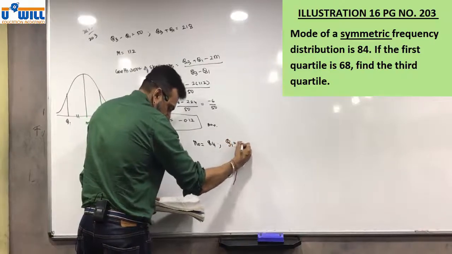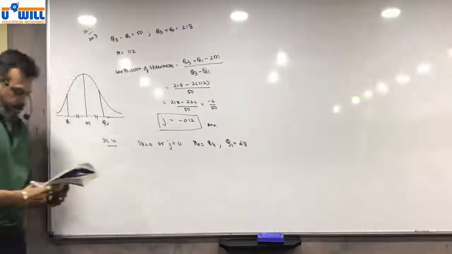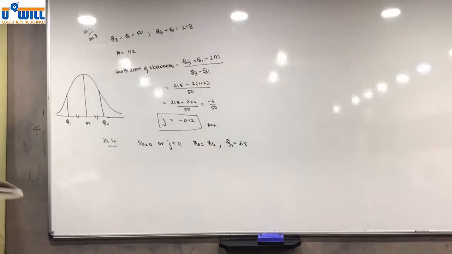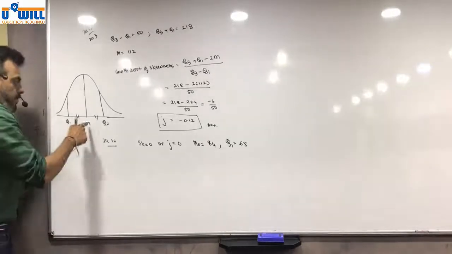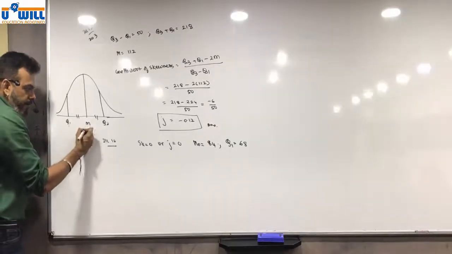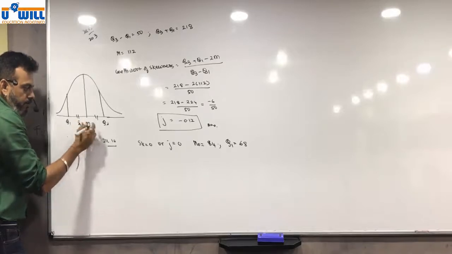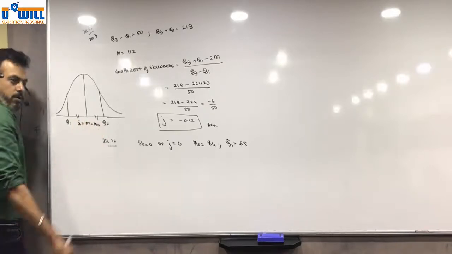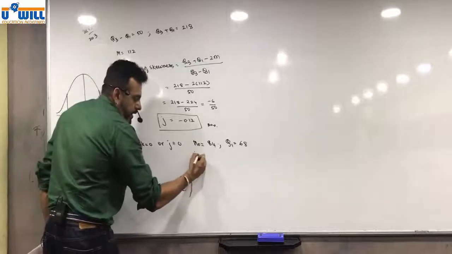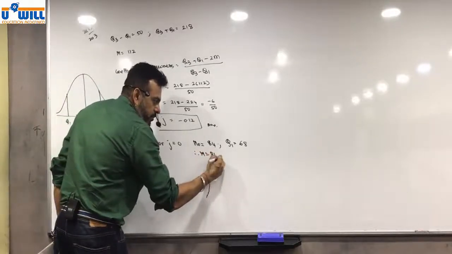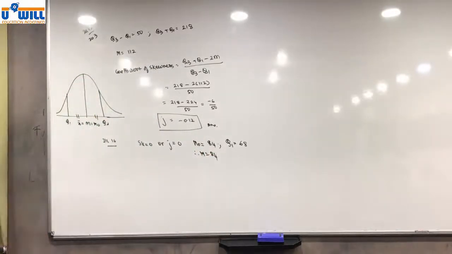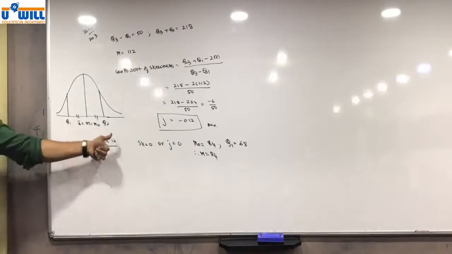Q1 is equal to 68. Now what's the characteristic? Pay attention. Over here, mean is equal to median, which is equal to mode. Therefore, can I say median is also equal to 84? We got it. Now what do we have to find? We have to find out Q3.